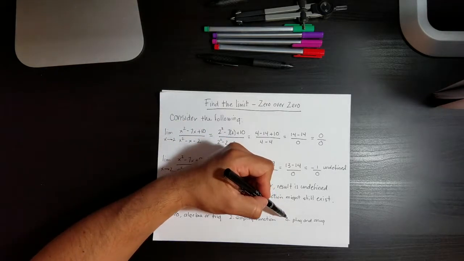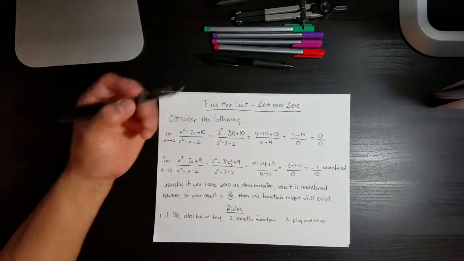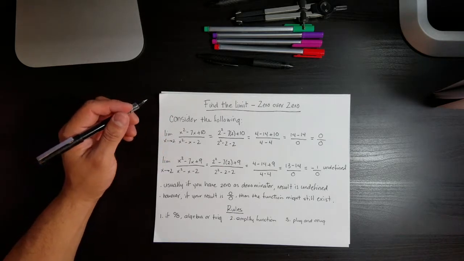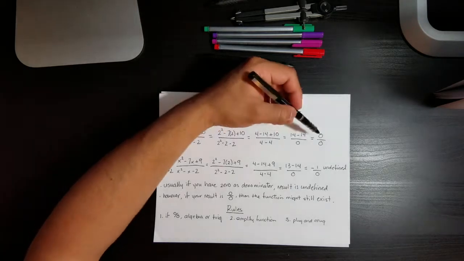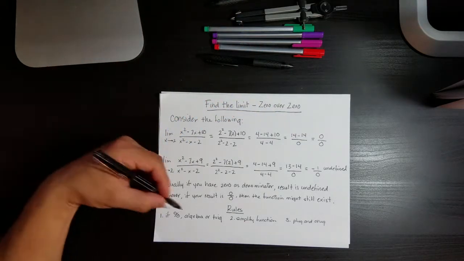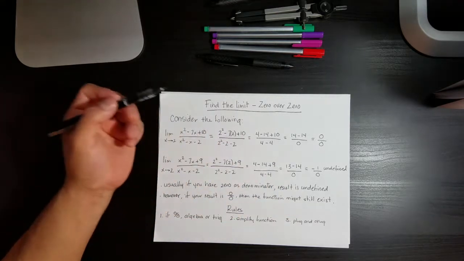And third, once you simplify the function completely, you can do your plug and chug again. We're going to take a look at a couple of examples where our end result is 0 over 0, and then we will do algebra or trig to simplify, and then start over with plug and chug.